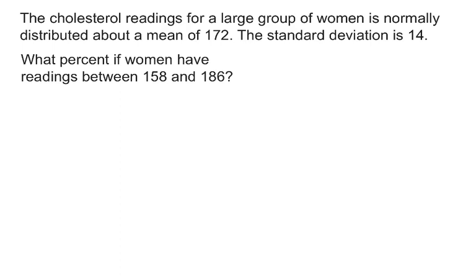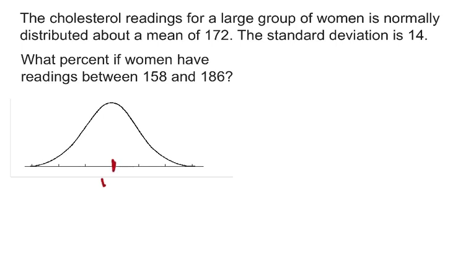Now, what you should do is just quickly sketch a normal curve. So here, I've just grabbed one off the internet, and let's start filling it in. For instance, we know that the mean, it says, is 172, so that's got to be in the middle. And the standard deviation is 14, so every one of these extra marks that we go out, we should be adding 14. So now we're up to 186, and 200, and 214. As we move to the left of the mean, we should be subtracting that 14.